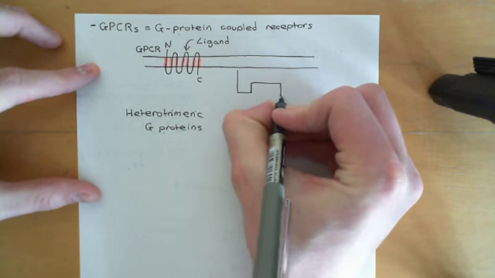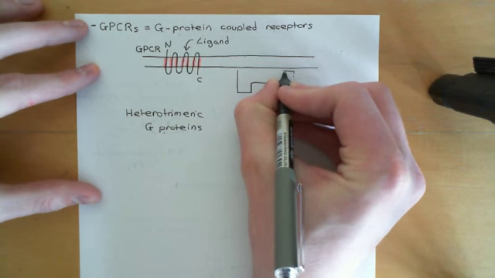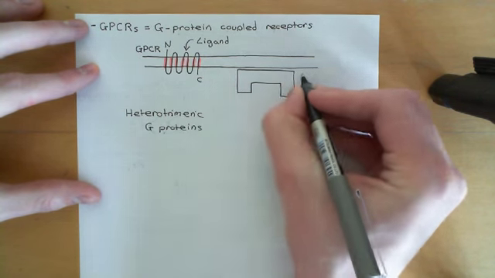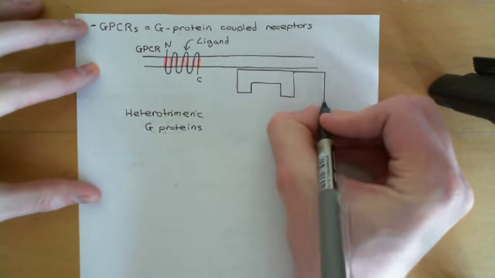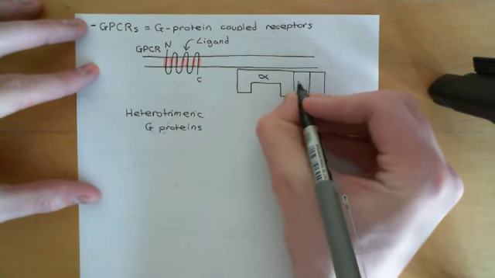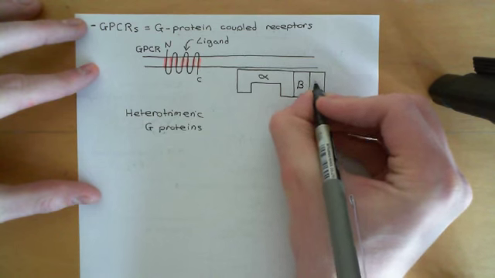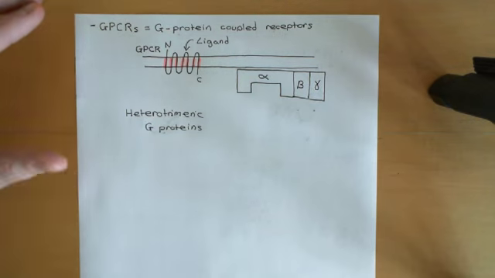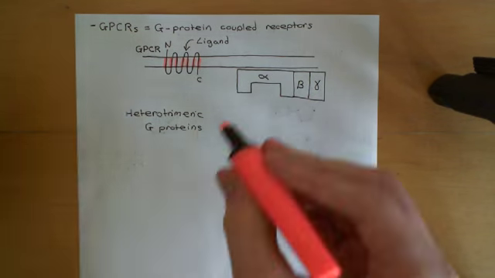Now these 3 different subunits are called the alpha subunit, the beta subunit, and the gamma subunit, and I'll show these here. So this one that I'm showing here is the alpha subunit, here this is the beta subunit, and here this is the gamma subunit. I'll colour them all in different colours.